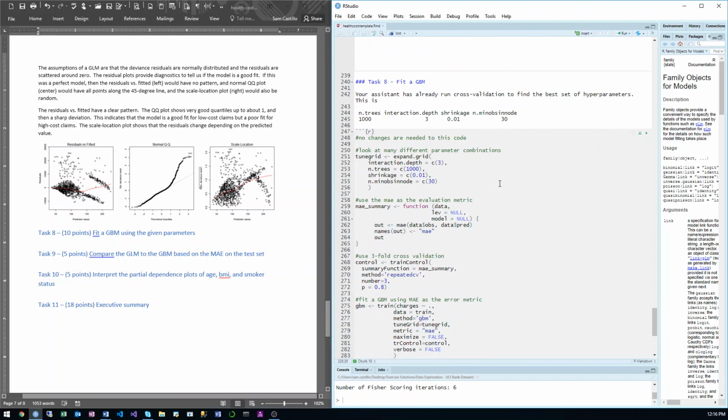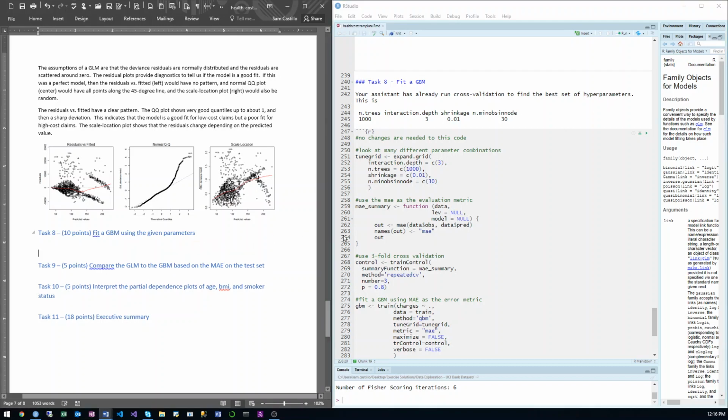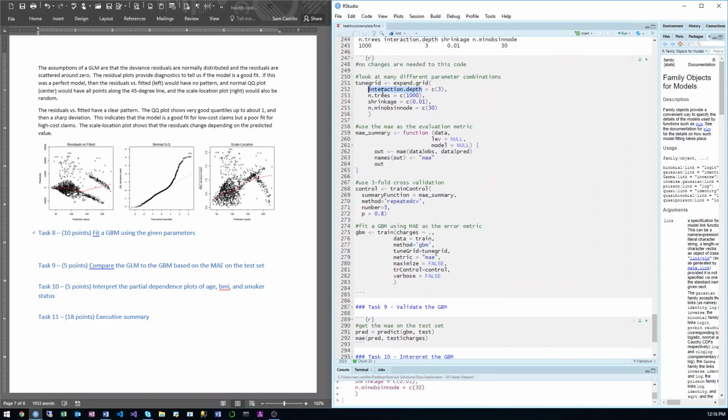Yeah, so here's the code. It says your assistant has already run cross-validation to find the best hyperparameters. So here you can see there's a tune grid, which basically creates multiple combinations of interaction depth, n.trees, shrinkage, and minobsinnode. And then there's a function to get the MAE.